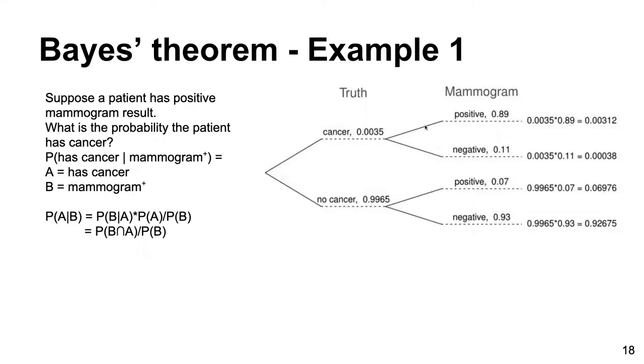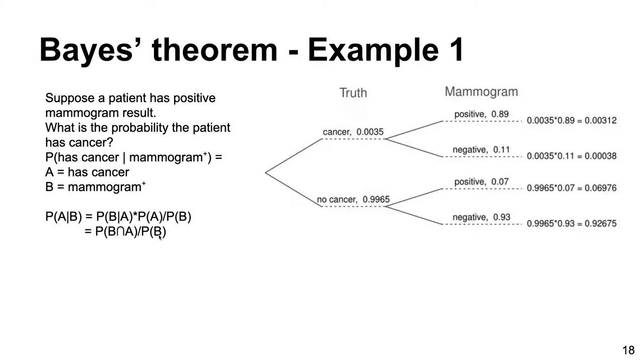Well, the people in this branch here have cancer. So these are the people who have cancer. And so I have to divide the percentage who have cancer, this number right here, by the probability of having a positive test result. So that's the sum of 0.00312 and 0.06976.